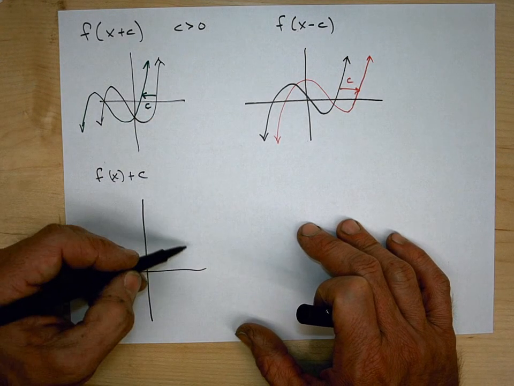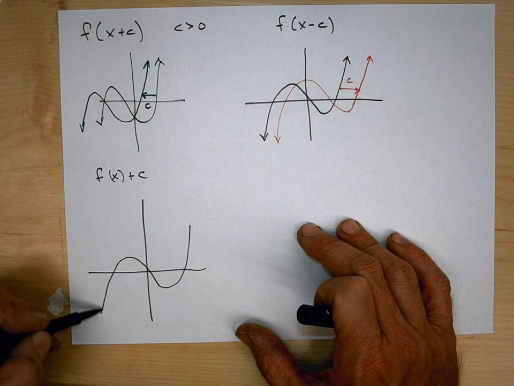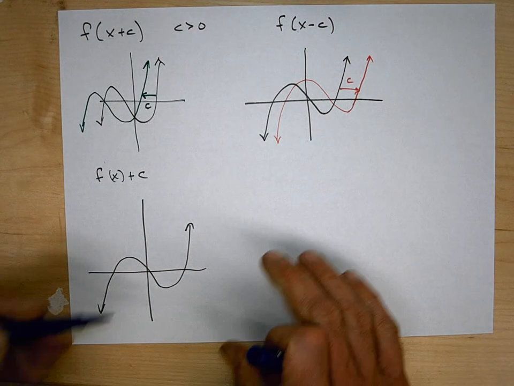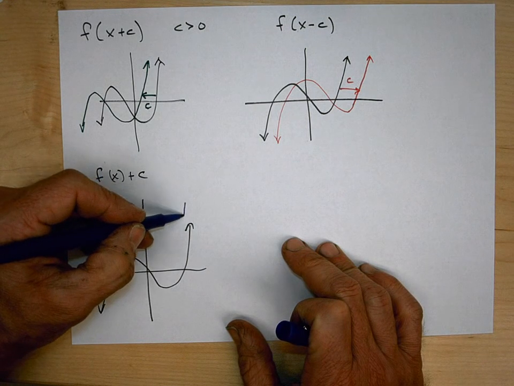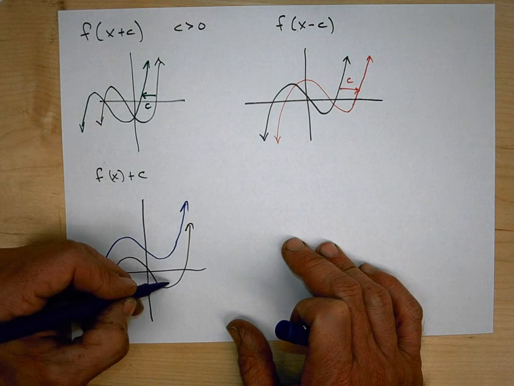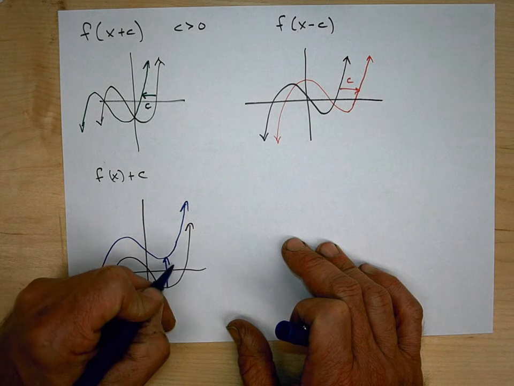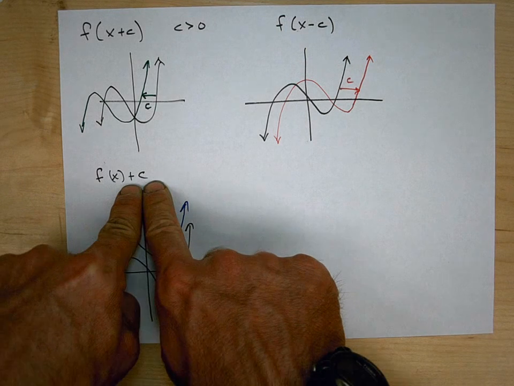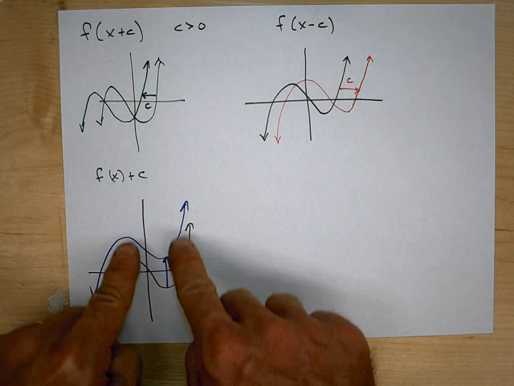So if I take my same, similar looking function, and add c, then I would just move it up, right? It would look the same way, except it would get shifted up by c, because I'm taking all my y values and adding c to them, so I just move each point up by c.